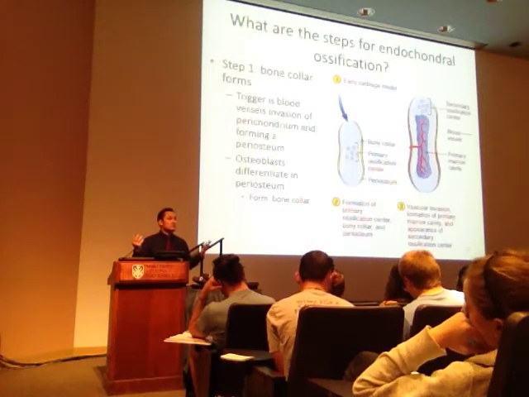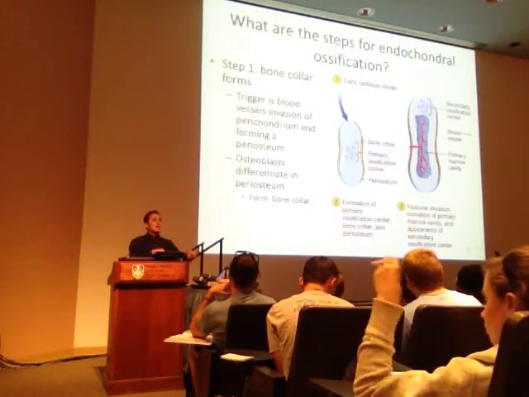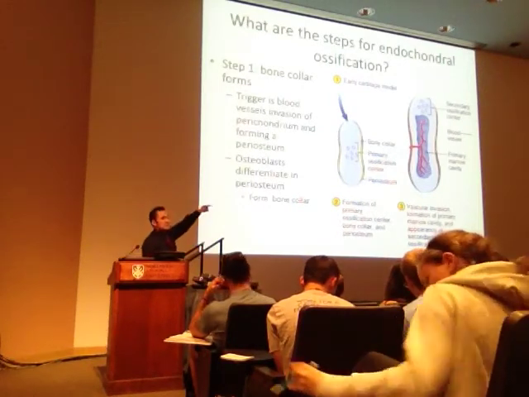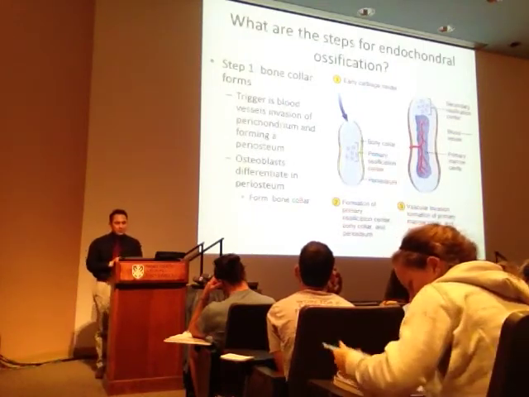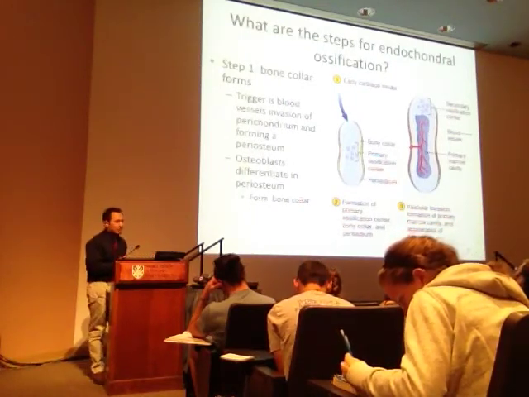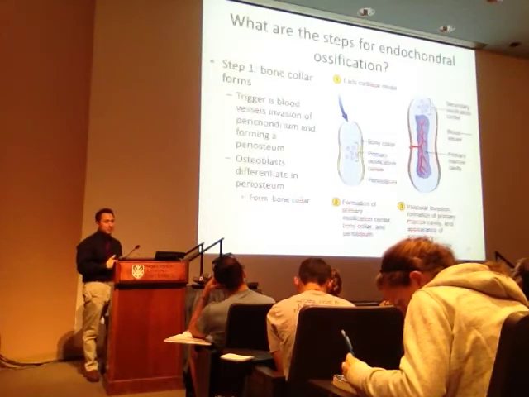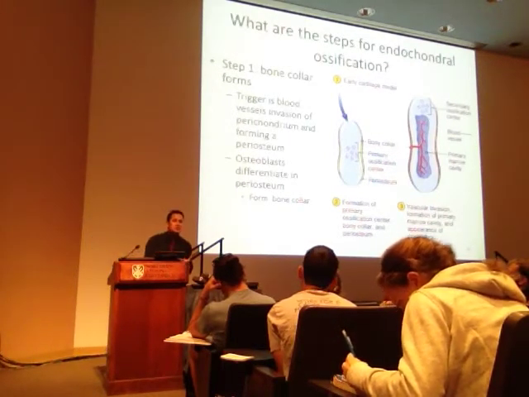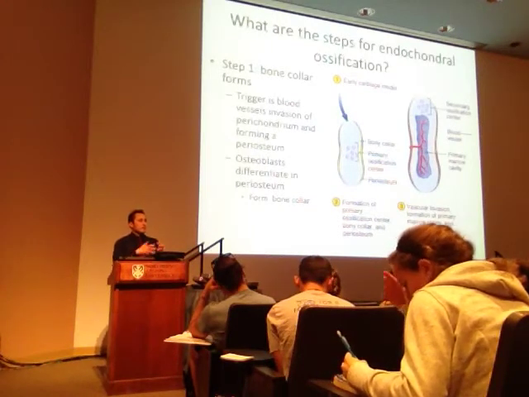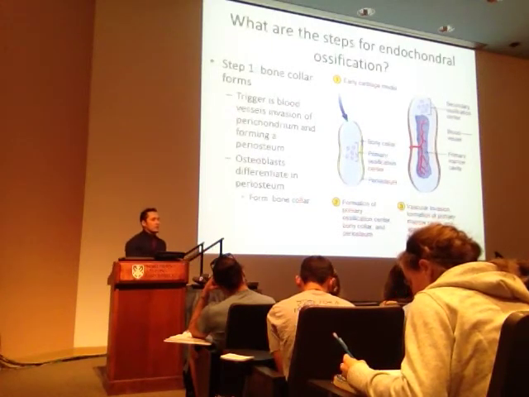Blood vessels here. And so now it forms a periosteum, and it's going to begin the signal of hollowing out the inside. Osteoblasts in that periosteum start to differentiate. And now you have bone cells, osteoblasts, that are showing up, and you're going to start building bone right away in the periosteum.